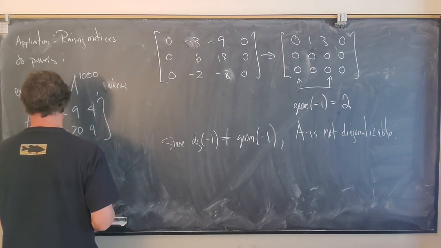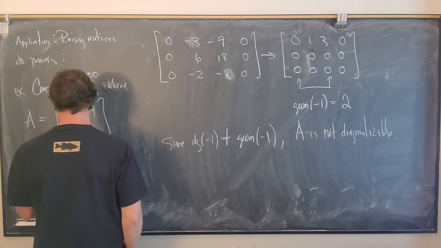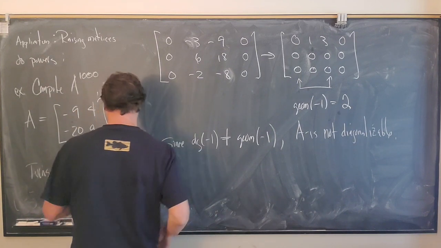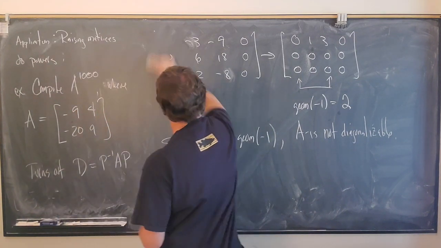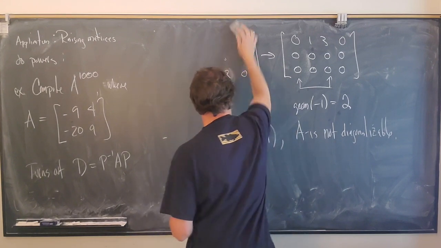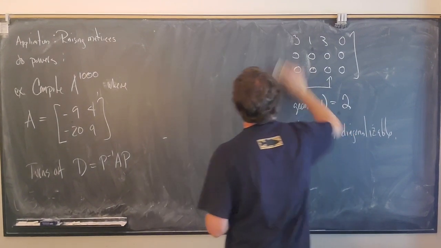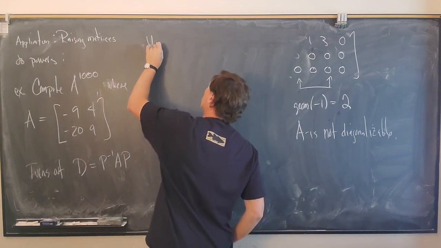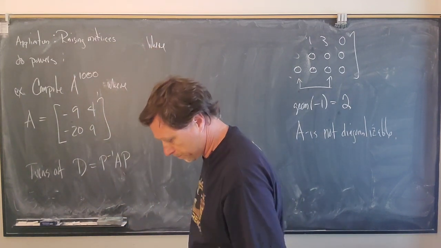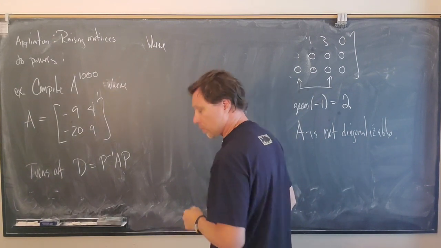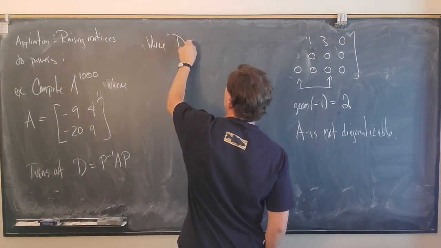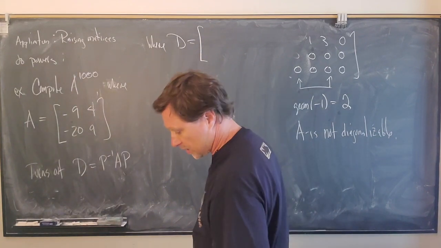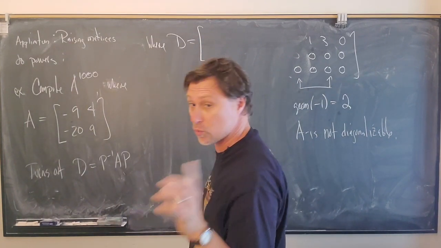It turns out that D is equal to P inverse A P, and you can go through the steps and find the eigenspaces and compute the matrix D. So there are two eigenvalues, 1 and -1.